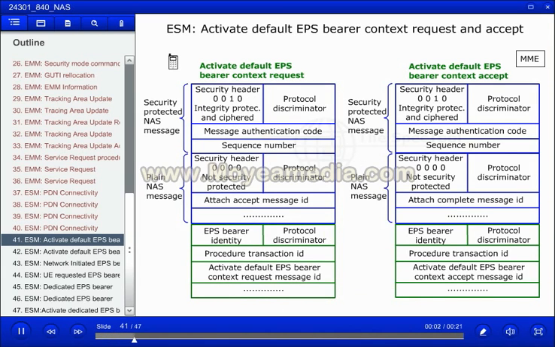Here, the activate default EPS bearer context request and activate default EPS bearer context accept messages are illustrated when they are sent as a part of the attach procedure.